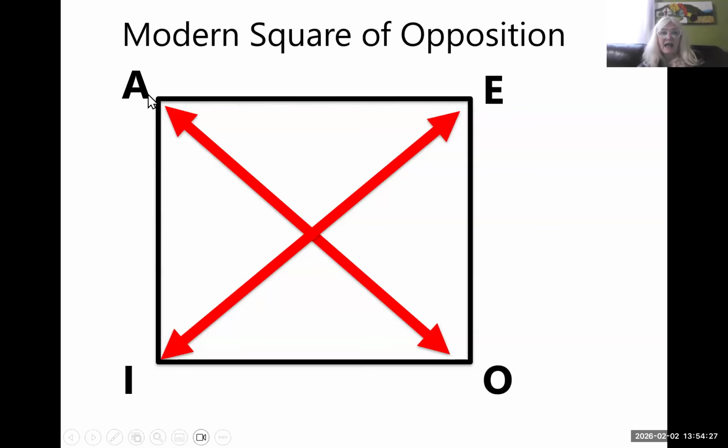In this case, A and O are opposite, and I and E are opposite, which means they contradict each other. So if E is true, then I is false. And if I is true, then E is false. Okay? And if A is false, then O is true. And if O is false, then A is true.